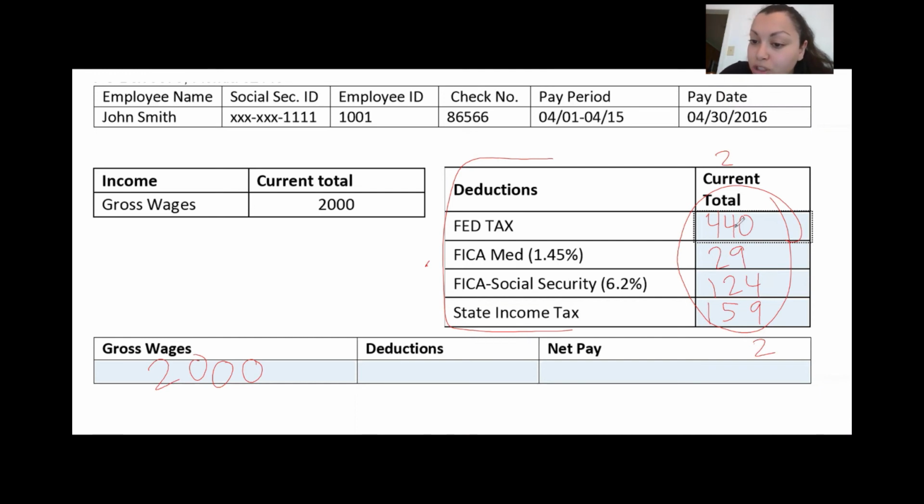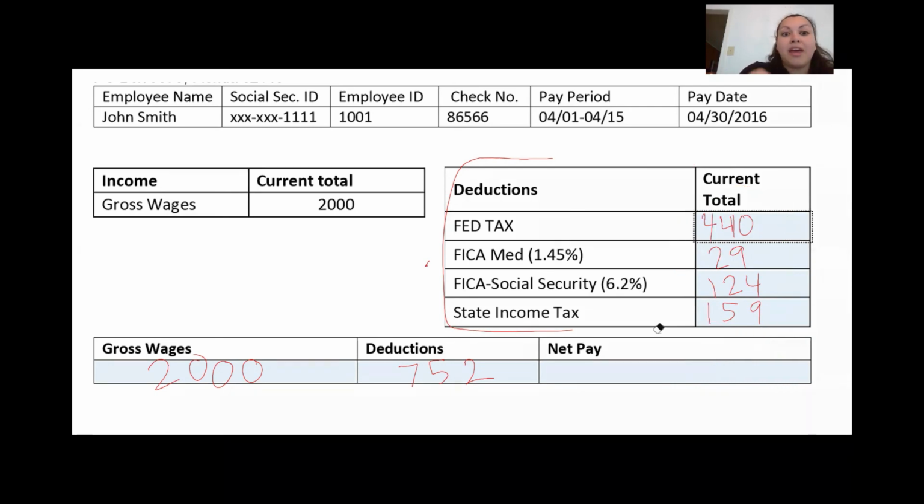Then I have 2 plus 4, which is 6, plus 2, which is 8, plus 2, which is 10, plus 5, which is 15. Then I have 1 plus 4, which is 5, plus 1 is 6, plus 1 is 7. So $752 is being taken out for some sort of tax.